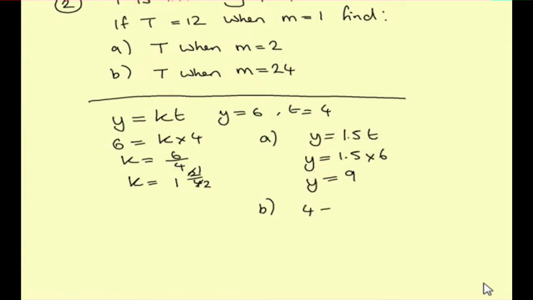So 4 is equal to 1.5 multiplied by t. So we divide both sides by 1.5, and we get t is equal to 2.6 recurring.